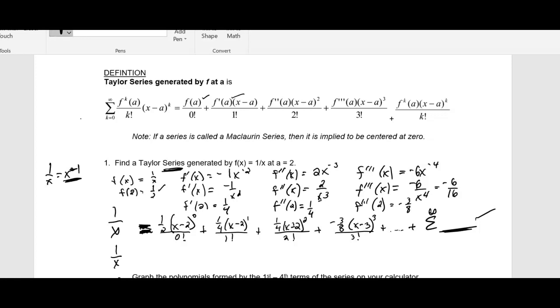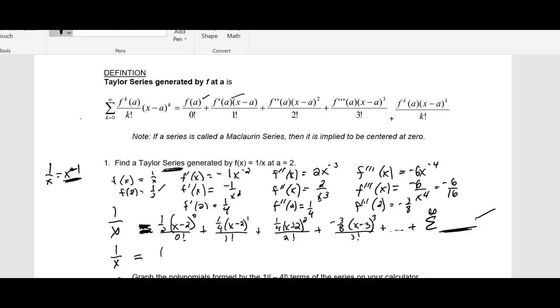So 1 over x, we would get 1/2. And then this would be 1 over 4 times x minus 2. Let me rewrite this a little bit just so we can see this pattern well.